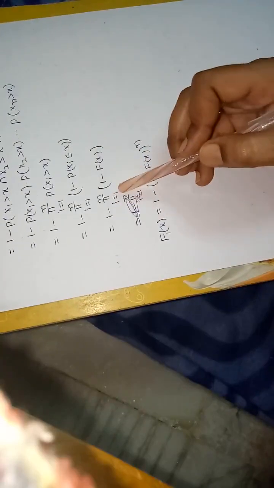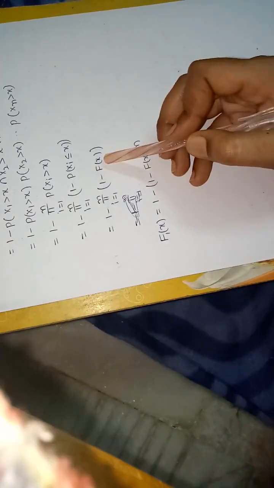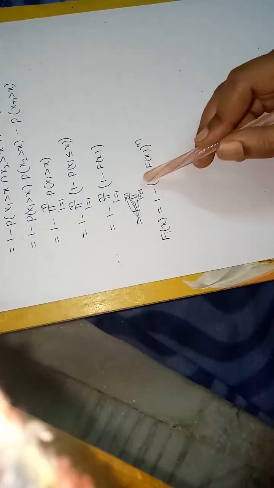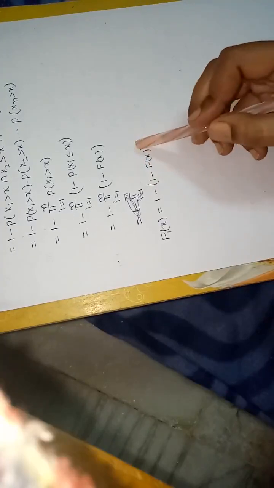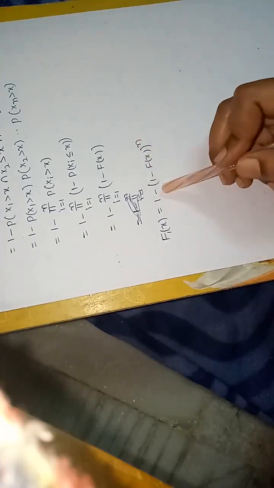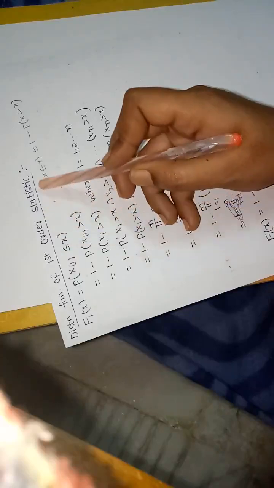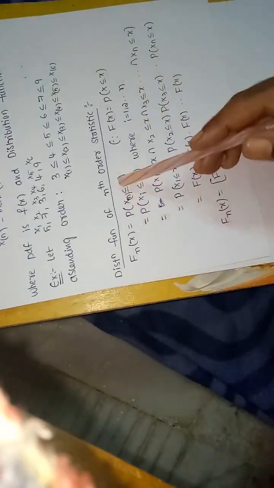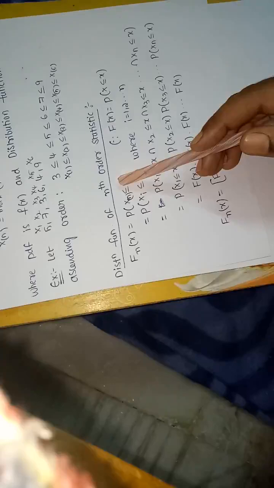See here i runs from 1 to n, means we have n terms. So I'm writing 1 minus F of x whole to the power of n, which gives 1 minus (1 minus F of x) whole to the power of n, the distribution function of the first order statistic. So this is the definition of order statistic, and these are the distribution function of the nth order statistic and the distribution function of the first order statistic.